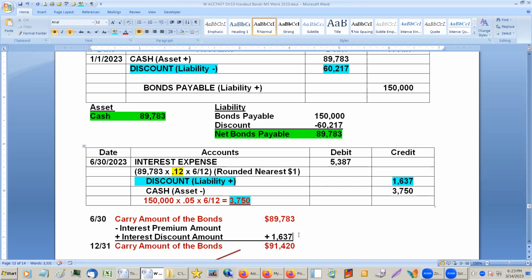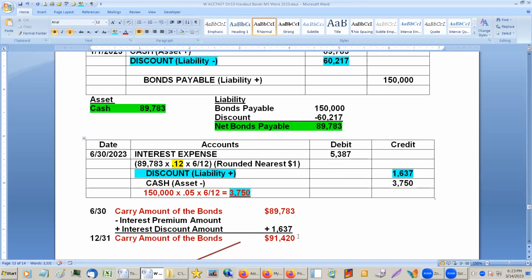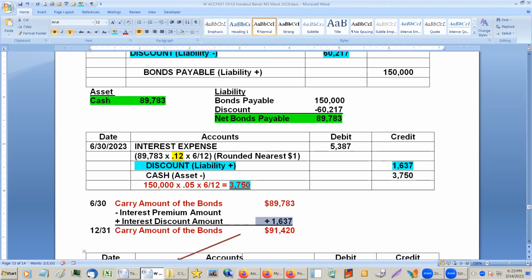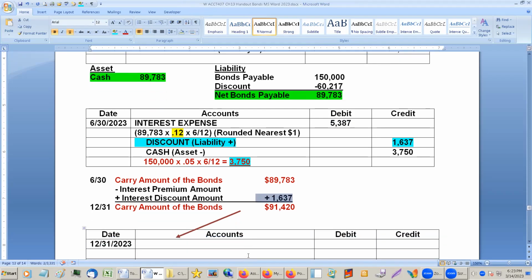This is getting added on to it. We owe them $89,783, plus we didn't pay the full amount that they were looking for, $5,387, so they're going to add that onto what we owe them. It's kind of jumbled a little bit because it goes through different accounts, but that's basically what's happening here.